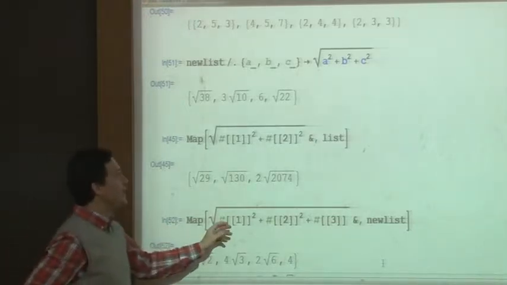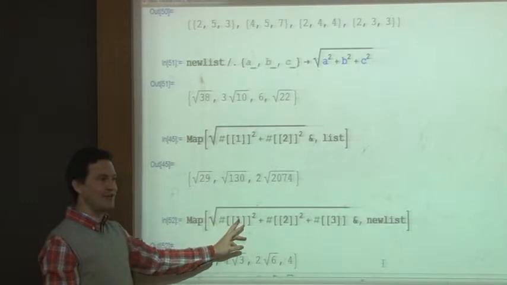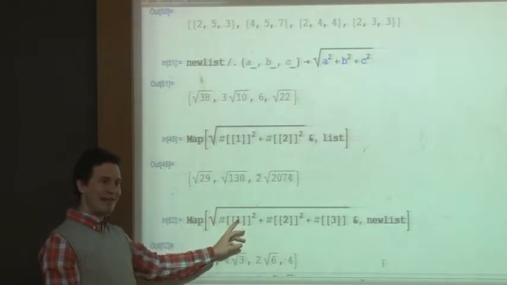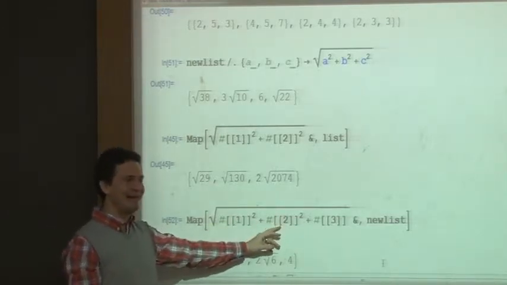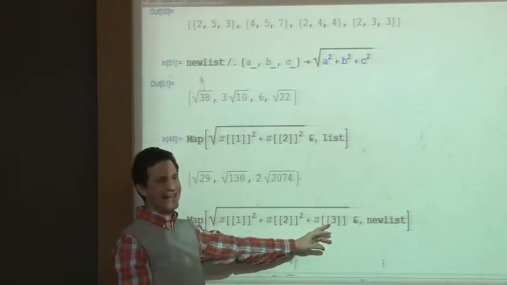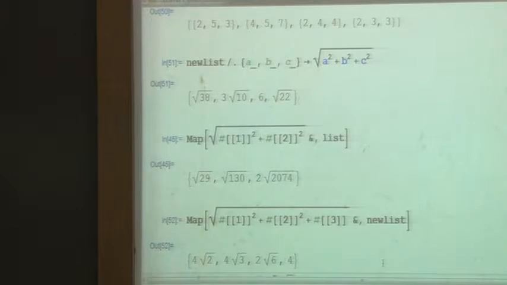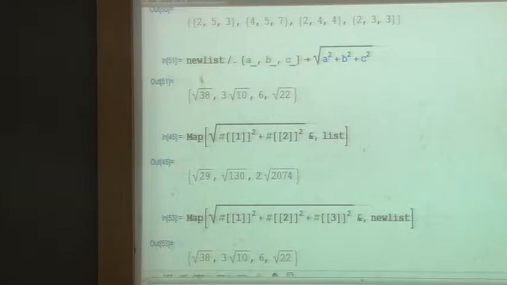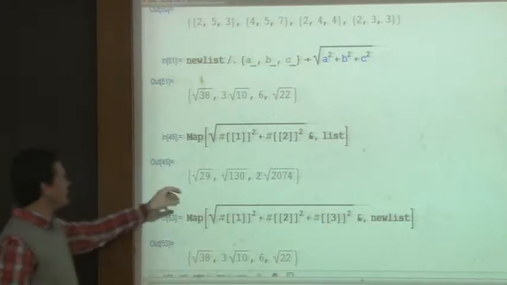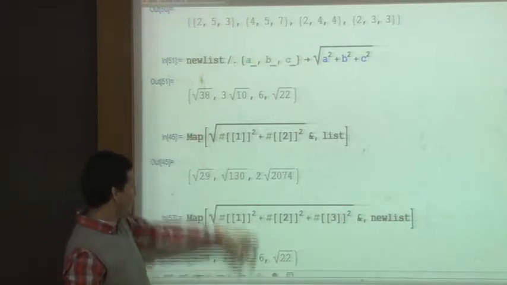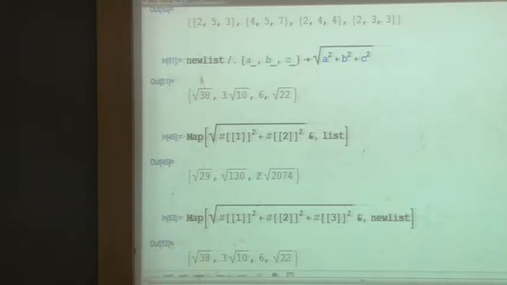Because each list contains 3 elements, this is the square of the first element, plus the square of the second element, plus the square of the 3rd element, and I calculate the square root. Oh, my mistake, sorry. So now the results will match, right?